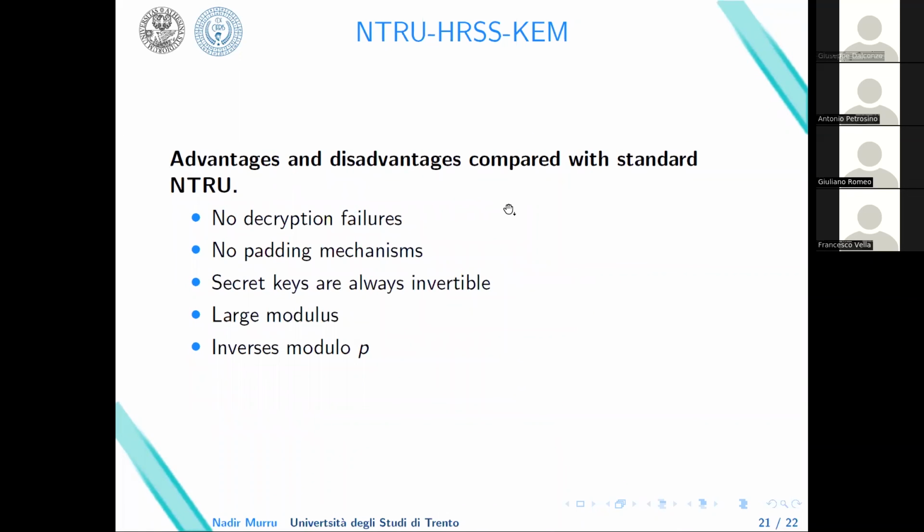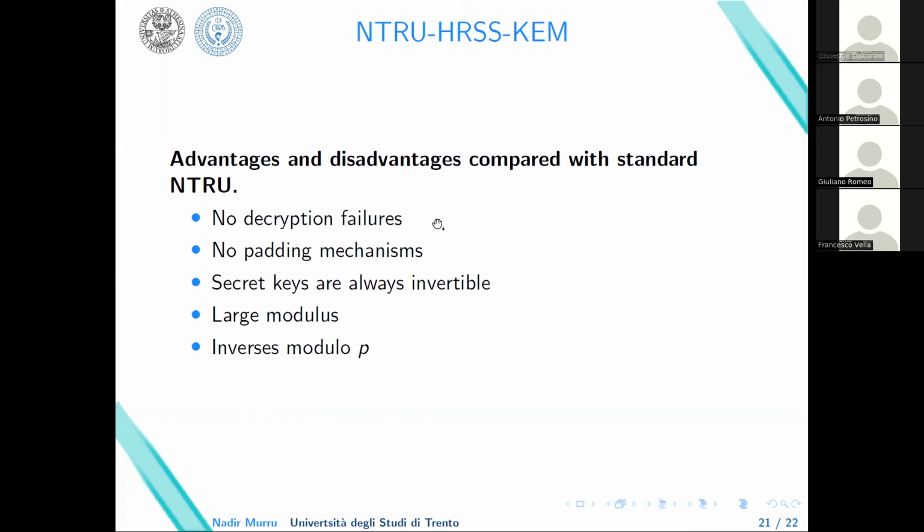Okay, so we have almost finished. We are almost on time. We can see some advantages and disadvantages between the standard classical NTRU scheme and the version that we have seen, the HRSS version. In this final version that we have seen, we have this important feature. We don't have decryption failures.